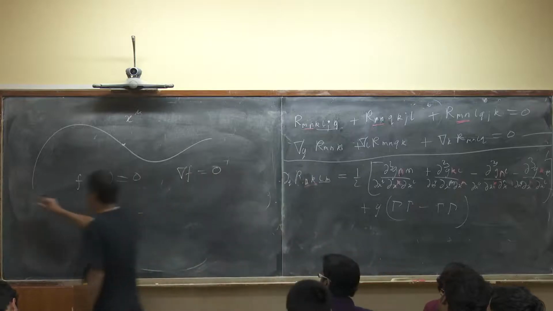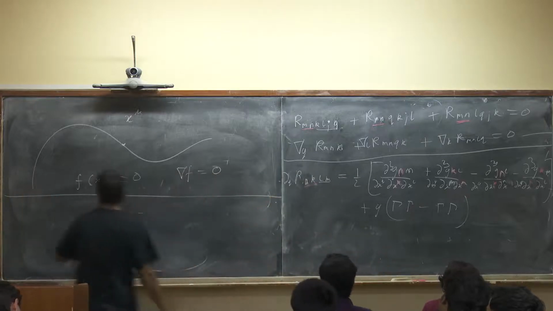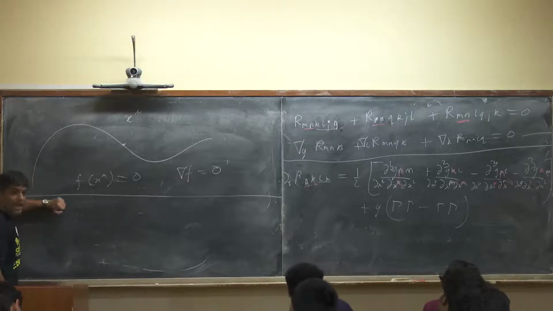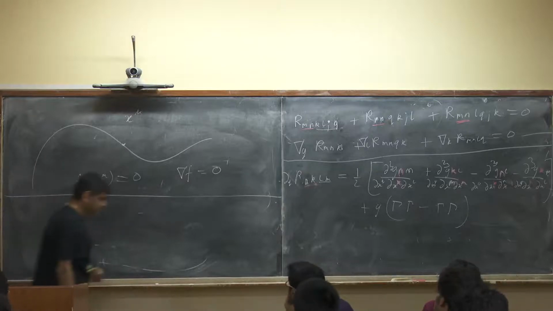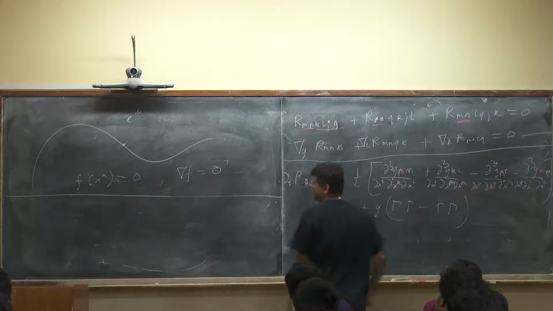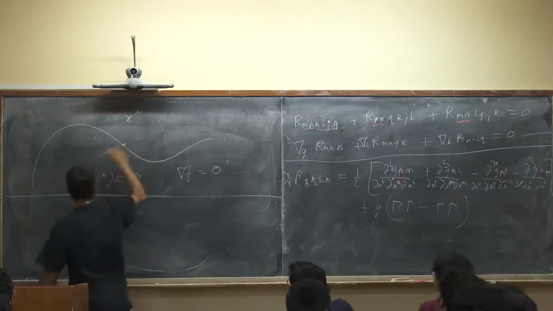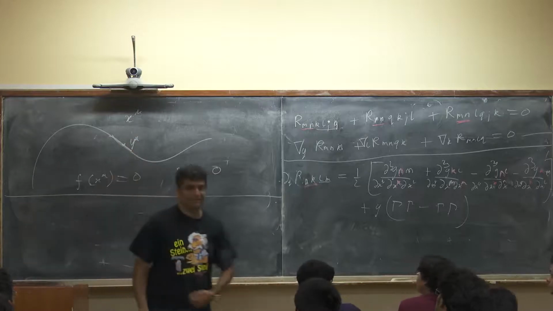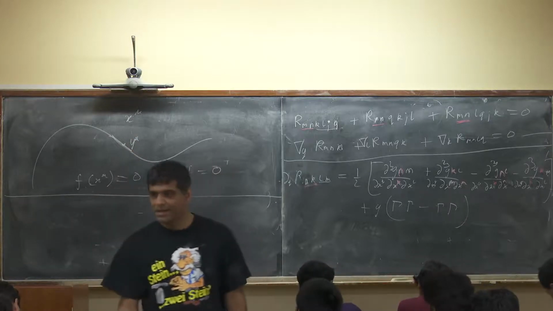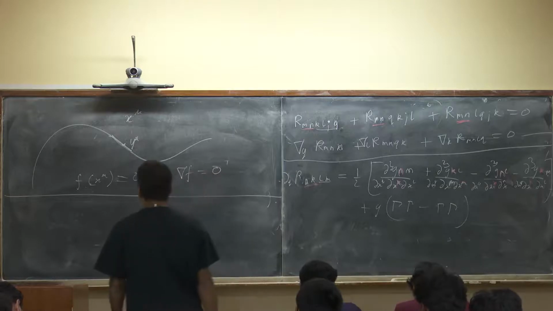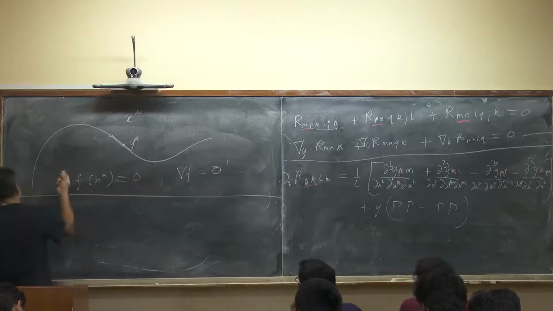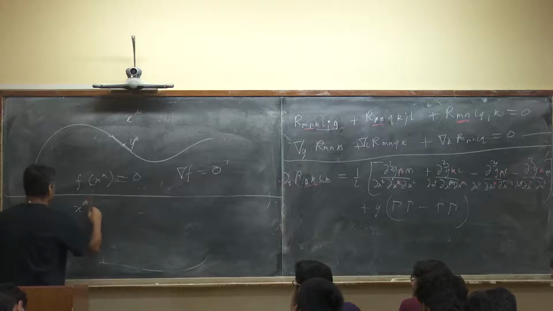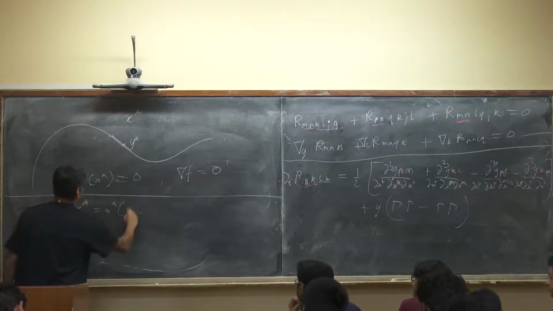Now we've got this hypersurface here, and imagine that the coordinates in space-time are x mu, and we've chosen some coordinates on this hypersurface which are y alpha. You can think of this hypersurface as the equation x mu equal to x mu of y alpha.